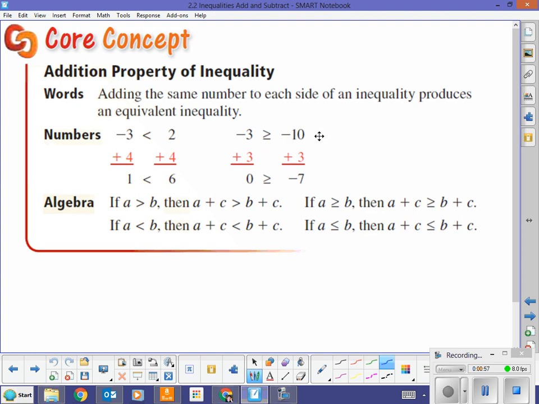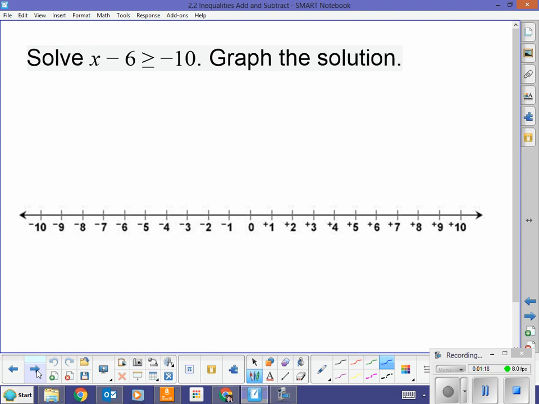That's a true statement. If I add the same amount, in this case 3, to both sides, I will end up with a true inequality. I will always have a true inequality. If I start with a true inequality, add the same amount to both sides, I will end up with a true inequality. That's what we're going to use to solve these inequalities, just like equations.